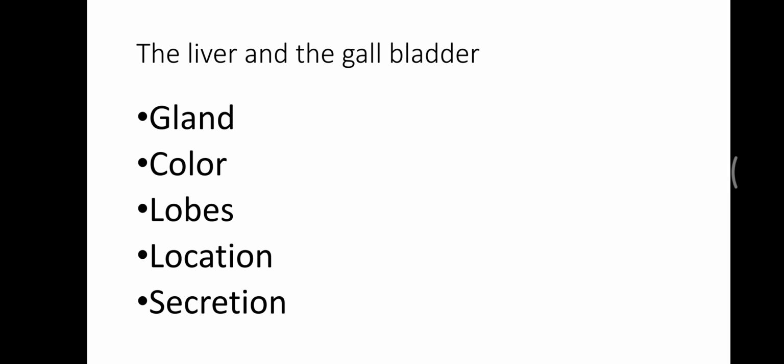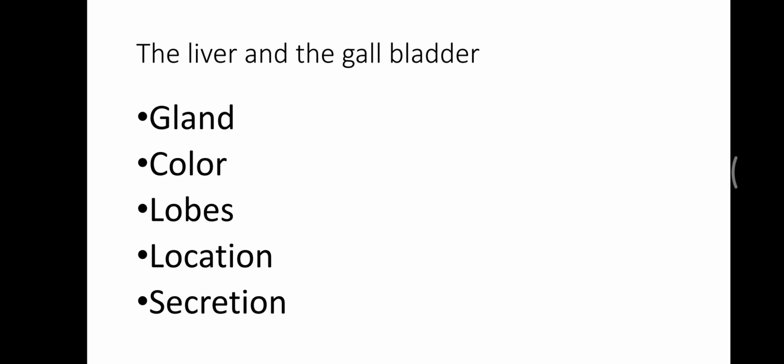And the color of bile is greenish yellow. It's not proper yellow, it's not proper green. In fact, it is greenish yellow. And it is in liquid form, contains bile salts and bile pigments. And the greenish yellow color of bile is just because of bile pigments.